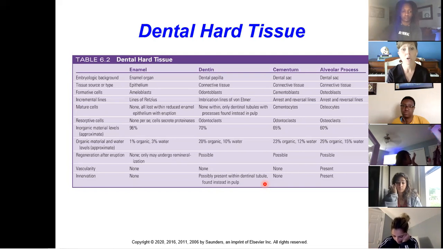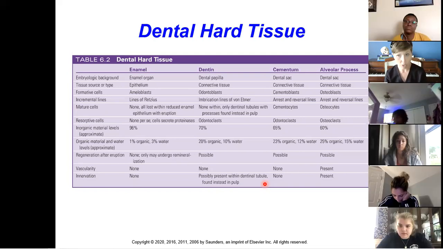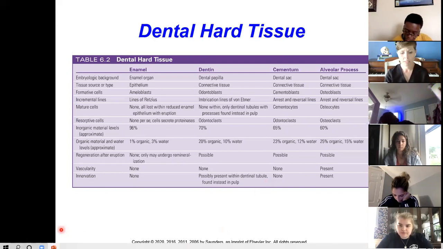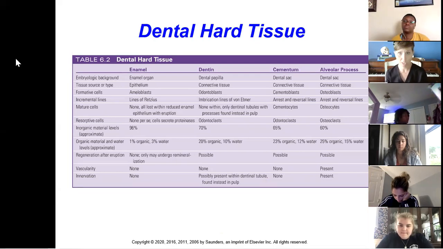Ameloblast forms enamel, odontoblast is dentin, cementoblast is the cementum, and the alveolar process is the osteoblasts. Like I said, this table is really good and gives a breakdown of it. So I would write a note to go back and take a look at this, because it's great to be able to line up knowing what everything is, right?